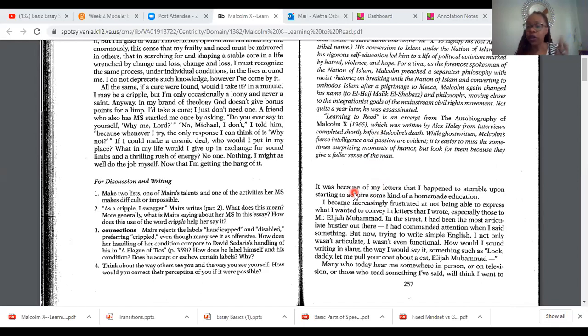Learning to read and homemade education for Malcolm X are somewhat one and the same, in that he's detailing a story of when he took his education into his own hands. Do you guys somewhat agree that is what this text is talking about?